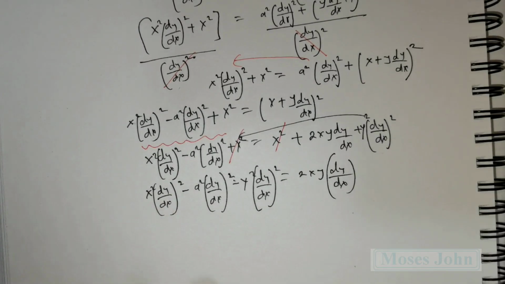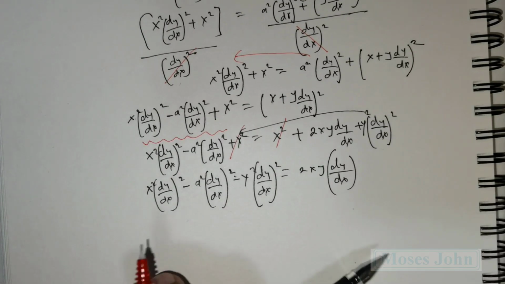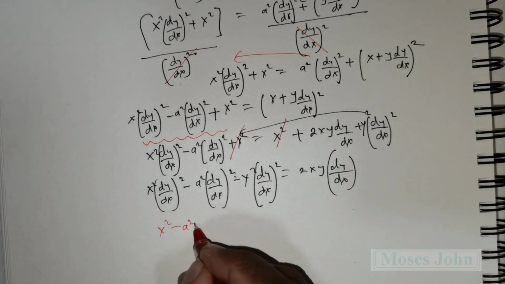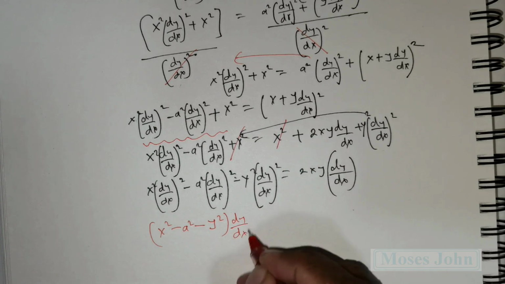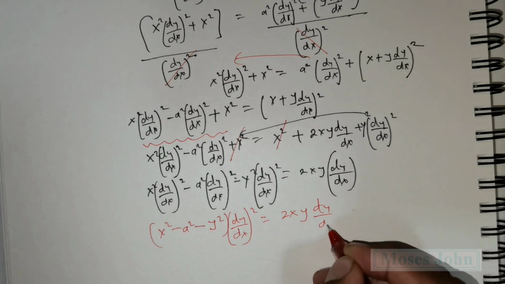So this is what I've got. Now I can take dy over dx as a common factor. If I take it as a common factor, I would get x squared minus a squared minus y squared times dy over dx raised to the power 2 is equal to 2xy times dy over dx.